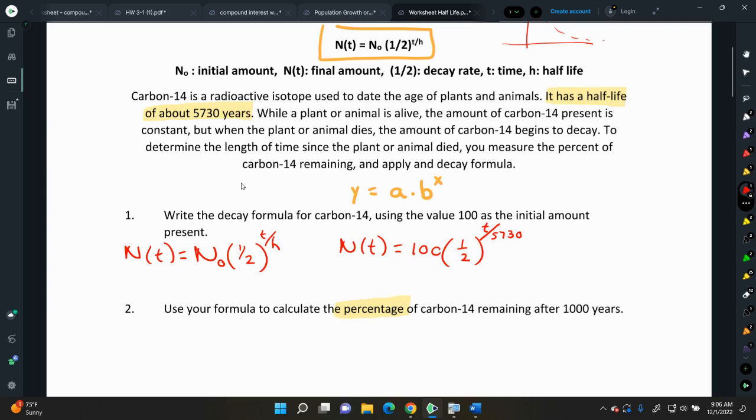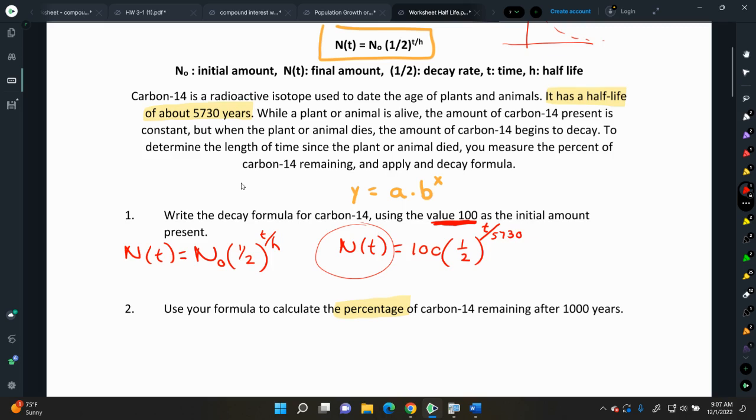So in this particular example, since they said we're starting with an initial value of 100, when I figure out how much is left, it's actually a percentage because I'm basing it off of 100.